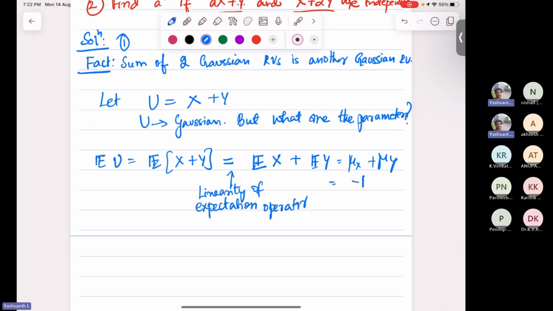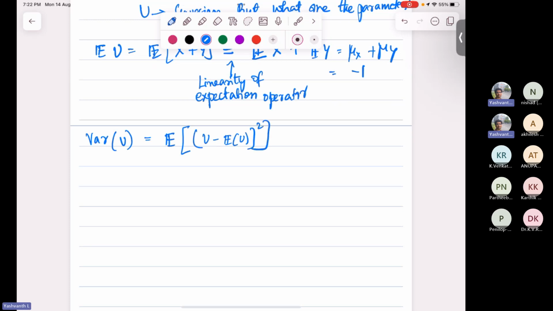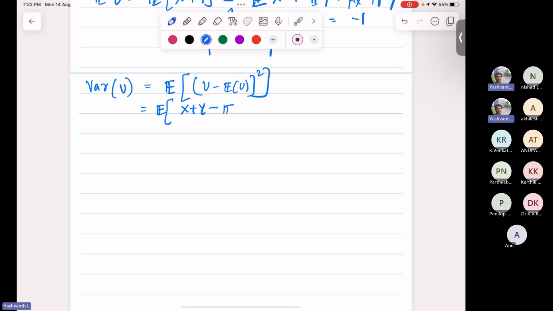Okay, now the variance of u. Variance is a little computational. Variance of u is nothing but expectation of (u minus expectation of u) whole square. That is the same as expectation of (x plus y minus (expectation of x plus expectation of y)) whole square, which is the same as expectation of (x minus mu x) plus (y minus mu y), whole square.